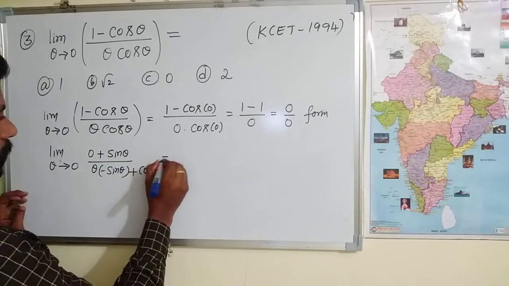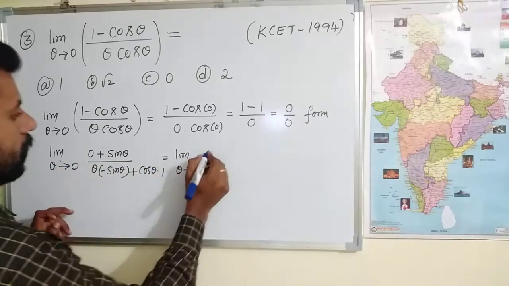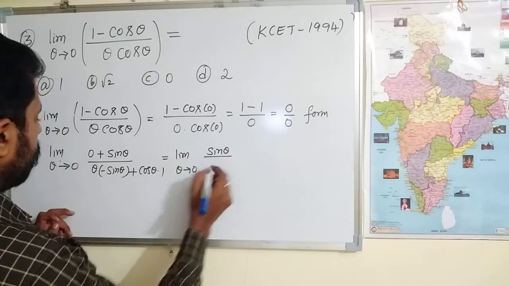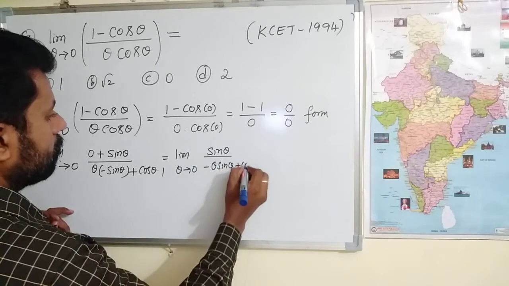So this result equals limit theta tends to 0, sin theta divided by (minus theta sin theta plus cos theta).